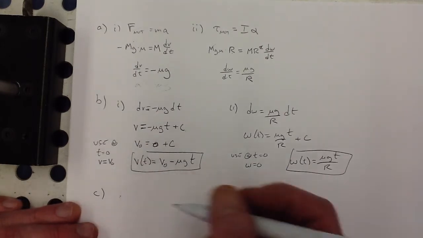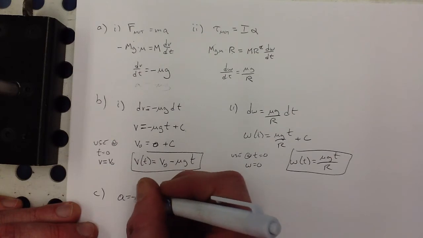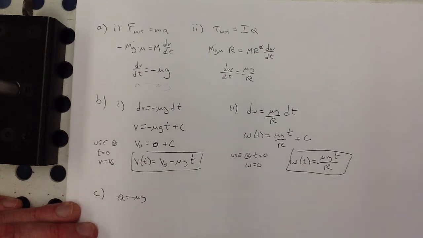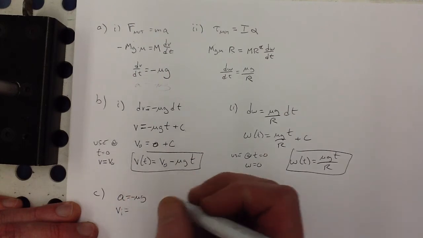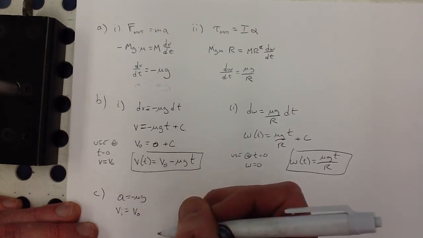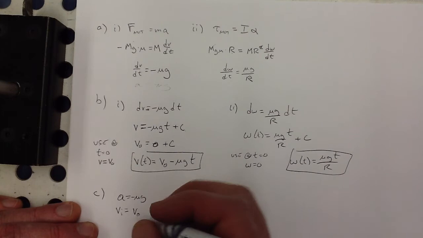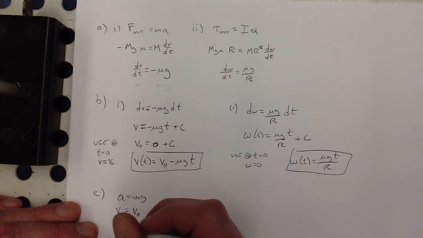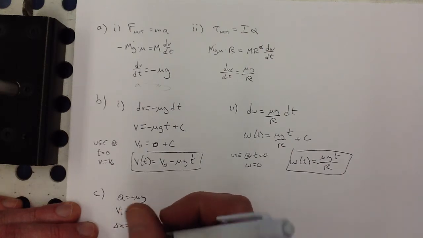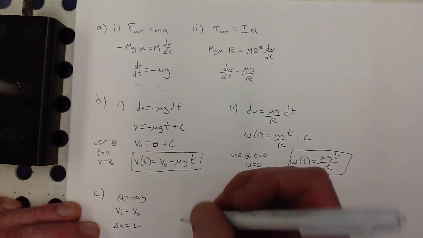So let's figure out what we have. We know that acceleration is equal to negative mu g. We know that the initial velocity is v sub 0. I don't know the final velocity, but I don't think I really need it right now. We know the delta x, the distance it travels, is L, and we're trying to find t. So it looks like that would be the equation.